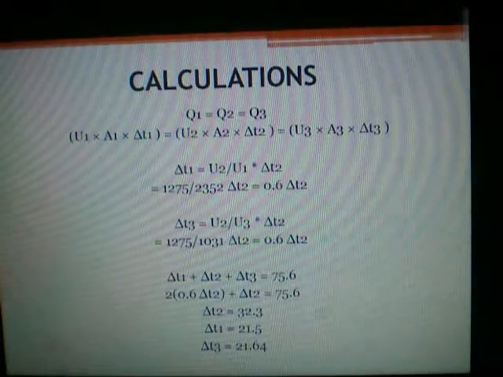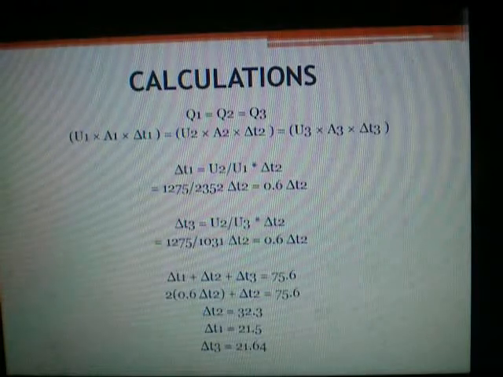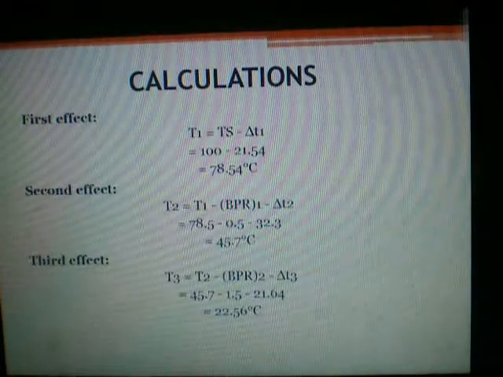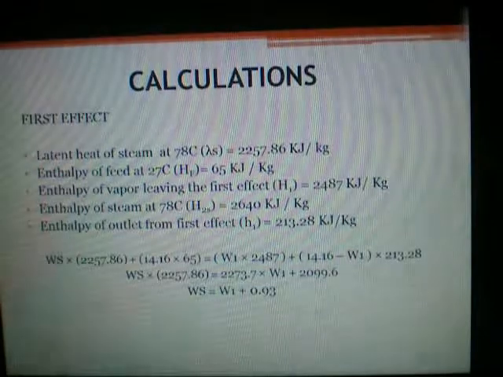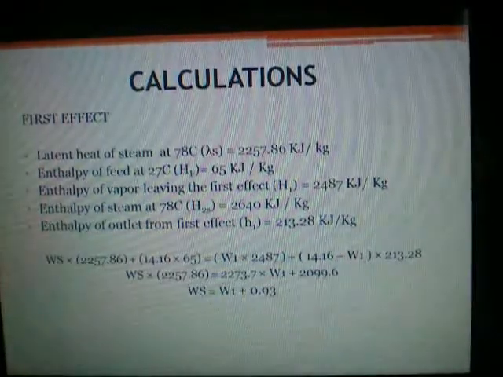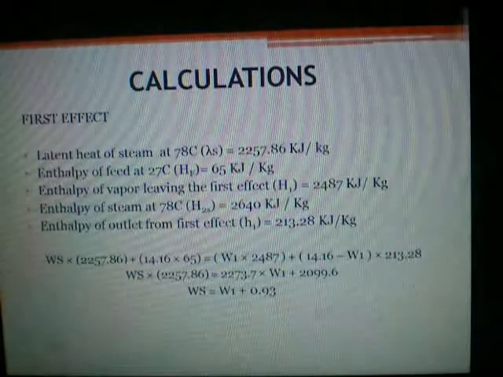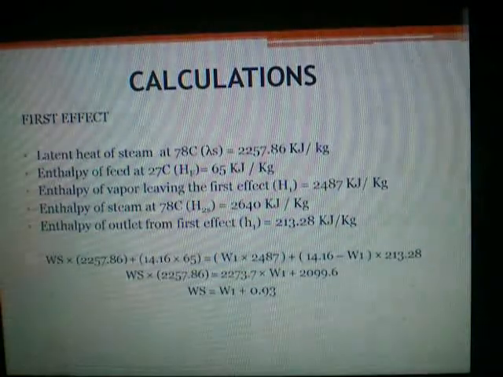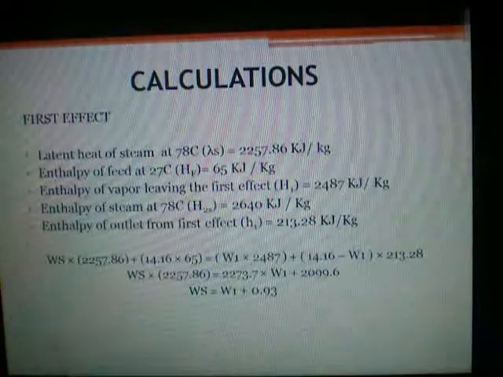Delta T and actual boiling point were computed, and after collecting the necessary data, the overall mass balance is used to form equations which will lead to the computation of each rate.